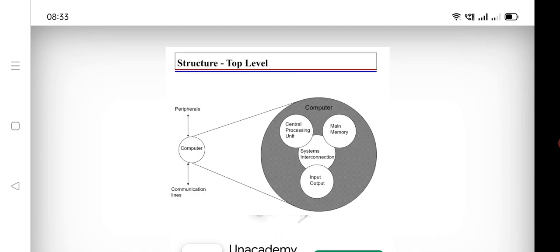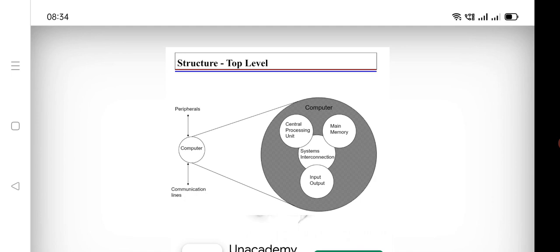Now let us go with the structural top level. So just now we have seen the functional view. We will be going to see the structure top level. So when you go with your system, you generally see the computers. For this computer you are going to have the peripherals like input output devices, printers, scanners, mouse, keyboard.